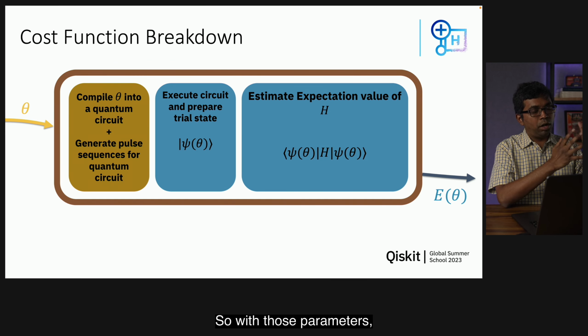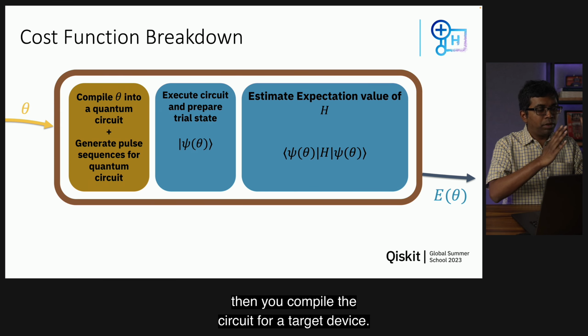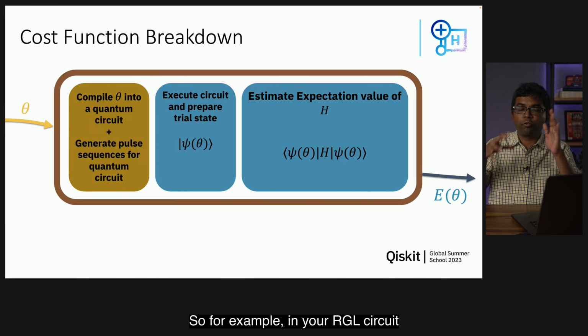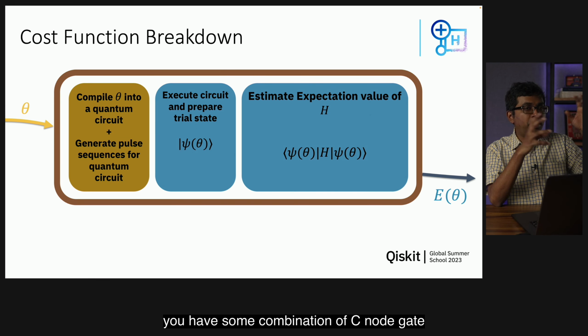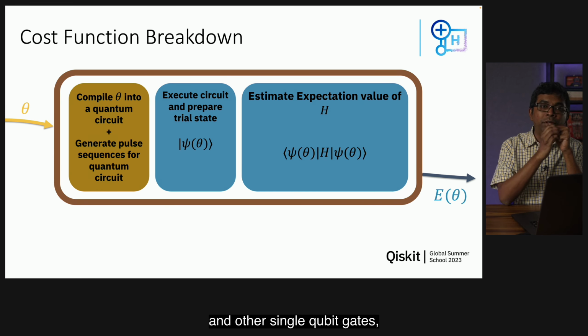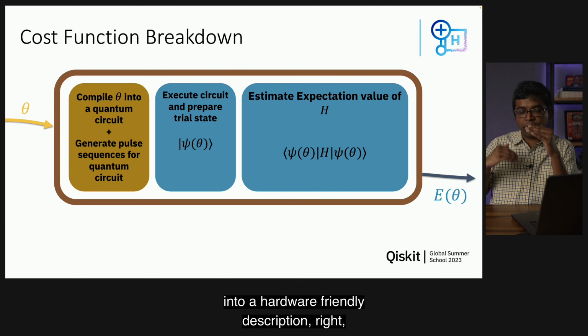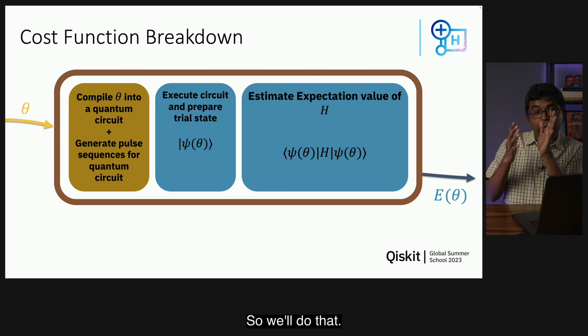With those parameters plugged into the circuit, you then compile the circuit for a target device. For example, in your original circuit, you have some combination of CNOT gates and other single qubit gates, which has to be compiled and transpiled into a hardware-friendly description, right? Hardware-friendly gates. So we'll do that.